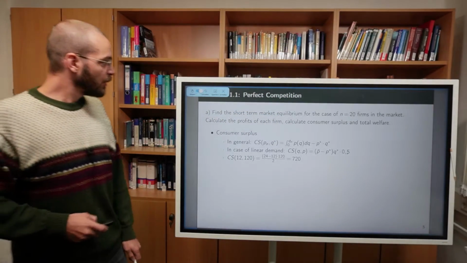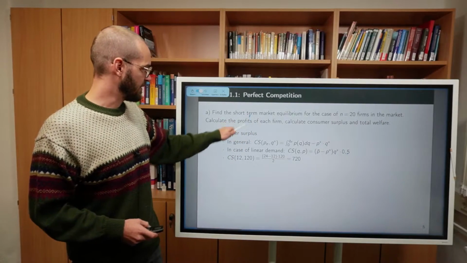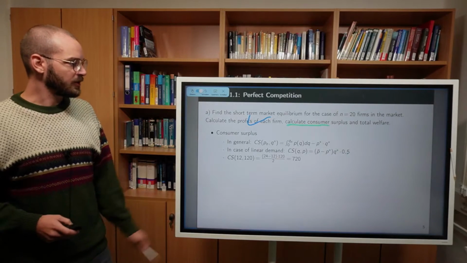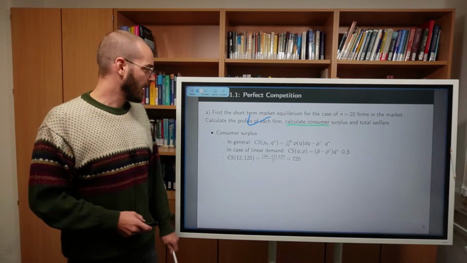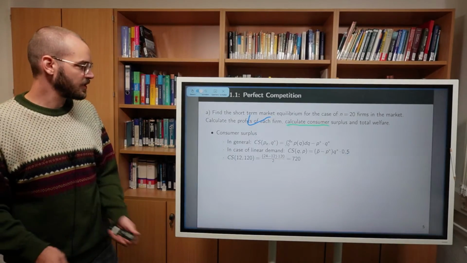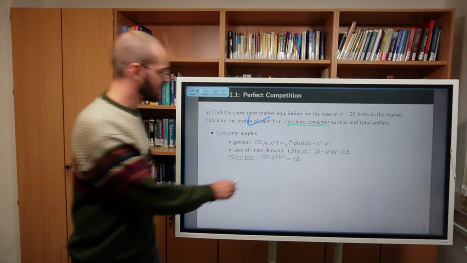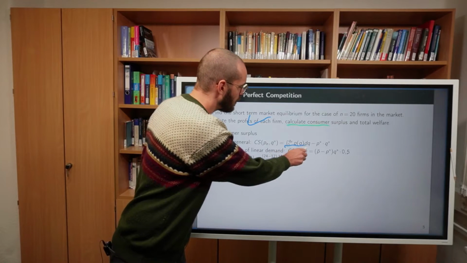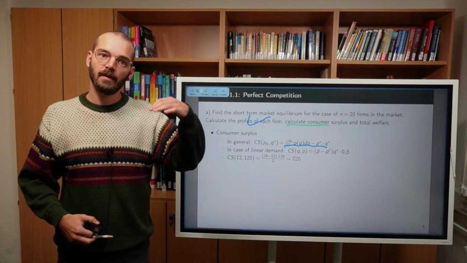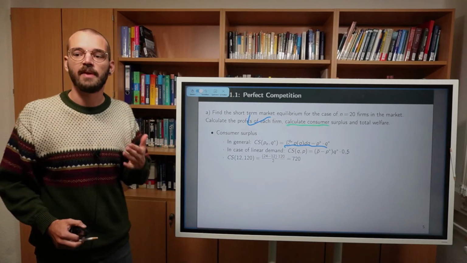In the next step, so after calculating profits, right, we are now asked to calculate the consumer surplus. How do we find the consumer surplus? Well, technically speaking, consumer surplus is defined as the area below the demand curve and above the market price.